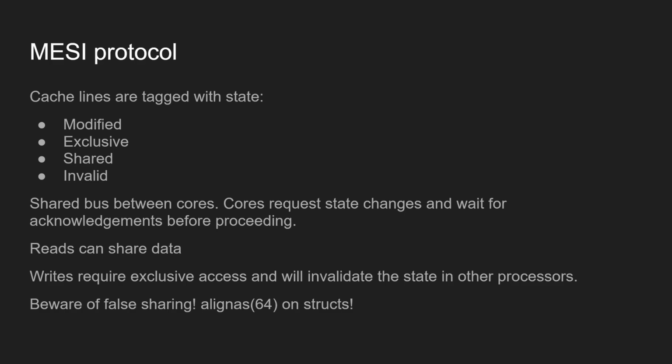If a bunch of cores are reading data, but none of them are writing it, then that's cheap and there's not much communication overhead because the cache lines will all be in a shared state. If a core wants to write some data, then that's going to have a cost associated with acquiring the cache line in the first place.